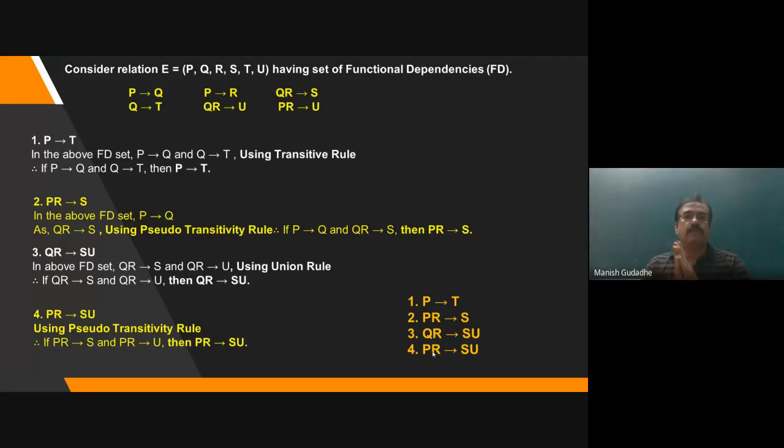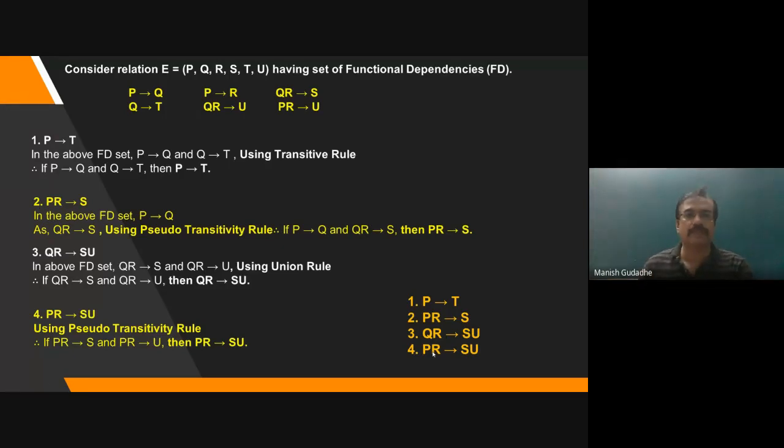Attribute closure means in this example we have R is equal to PQRSTU. So PQRSTU are the attributes, and we are going to find out which other attributes can be inferred from each of these attributes.